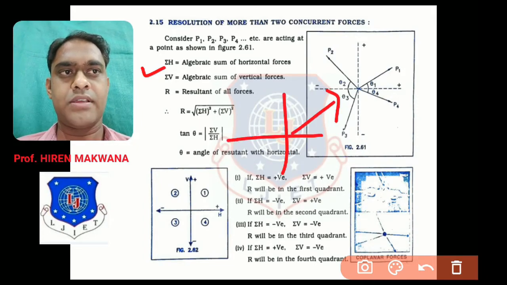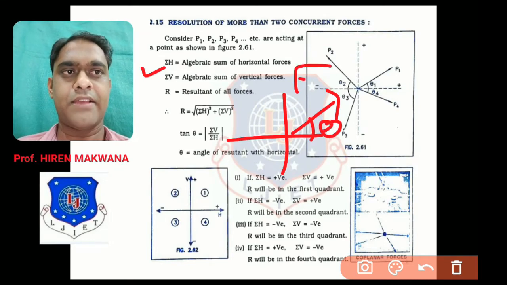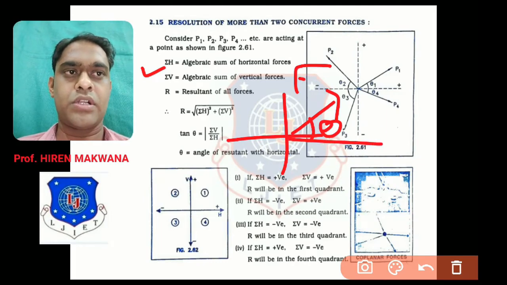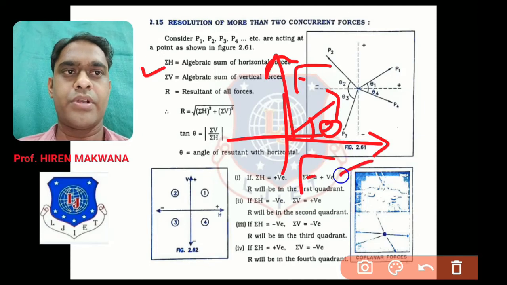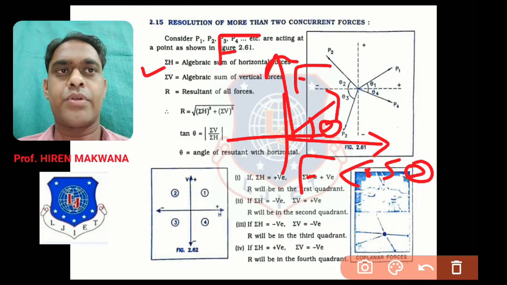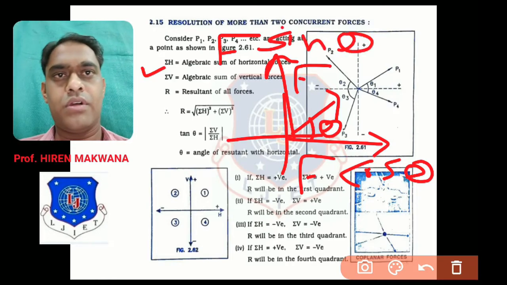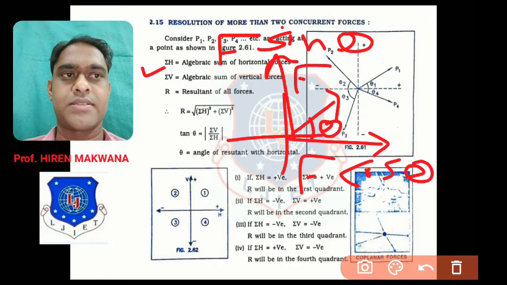A force is acting like this F, and angle is theta with respect to x-axis. Then there are two components, horizontal component and vertical component. Horizontal component is F cos theta, while vertical component is F sin theta. Okay, all of you are aware about this.